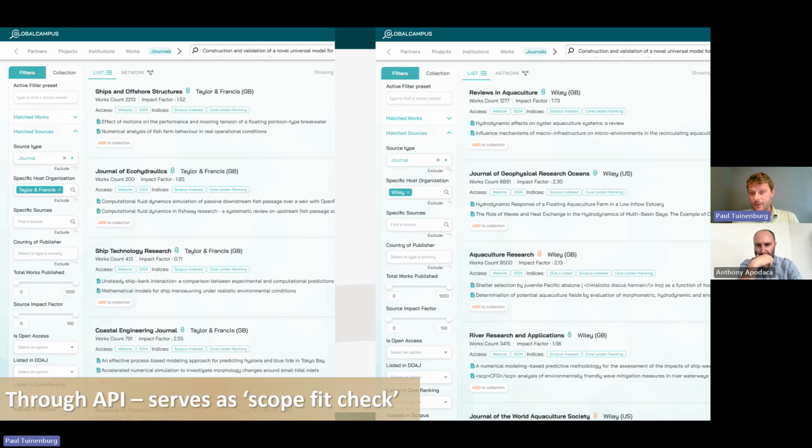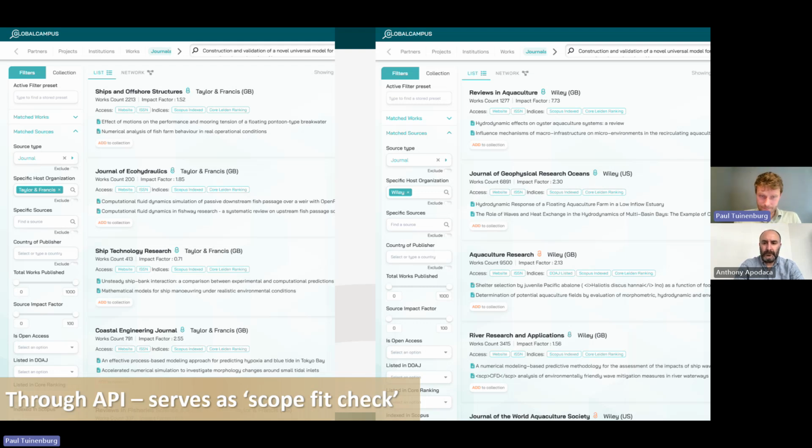That's basically how it would serve in a scope fit check: we receive the title and abstract, match it against the publications of a given publisher, and then rank the order of which journals would be the best fit. This is only based on the semantic overlap between the already published works in that journal with your manuscript text.